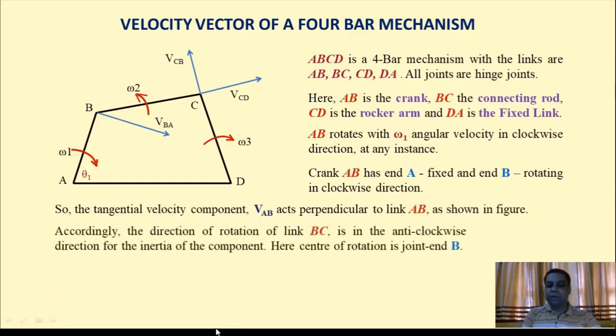Accordingly, link BC rotates in the anti-clockwise direction. You must understand this point: when this type of mechanism comes into the picture, for adjacent links, if the inscribed angle is less than 180 degrees, I repeat, if the inscribed angle is less than 180 degrees, then when one link makes a clockwise rotation, the adjacent moving one should make the opposite, anti-clockwise rotation.